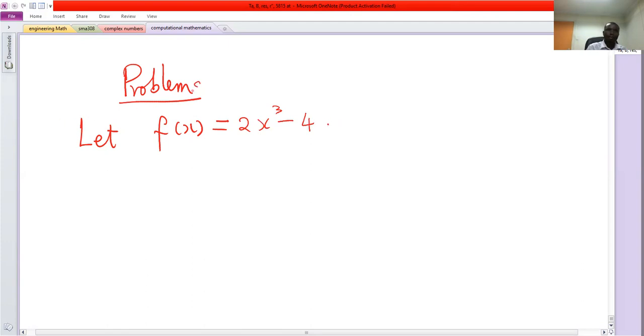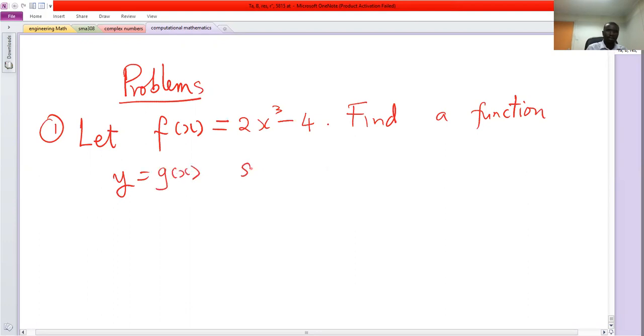Problem one: find a function y given by g of x so that f composed with g gives you x plus 2. So that's the equation.